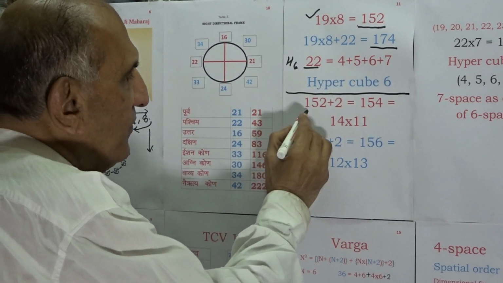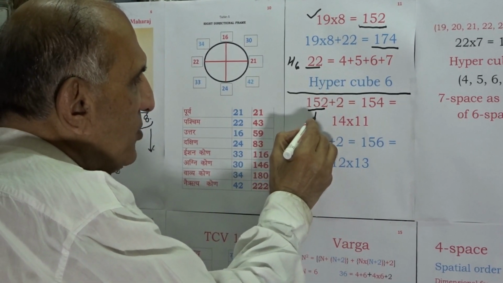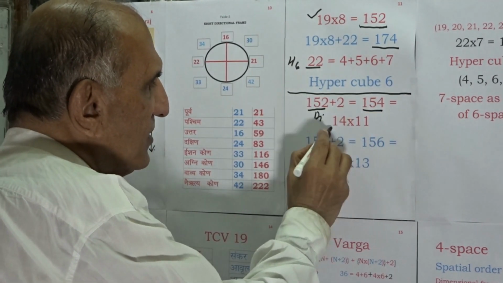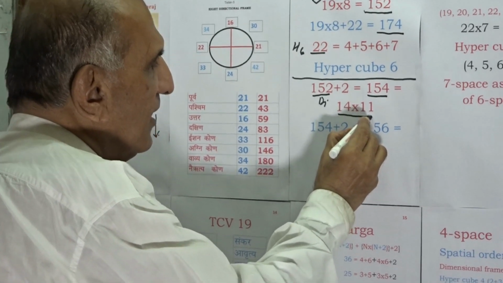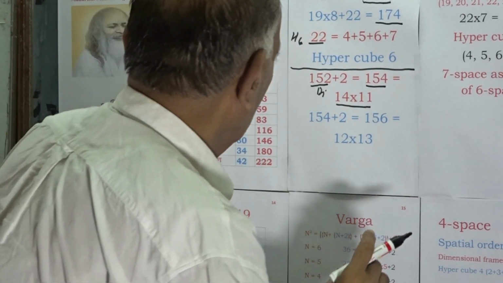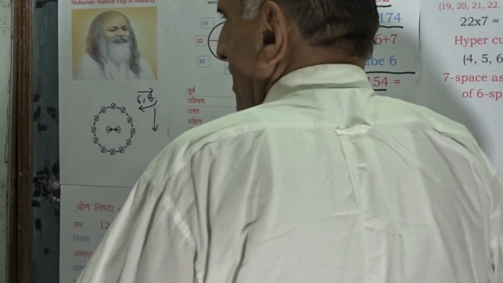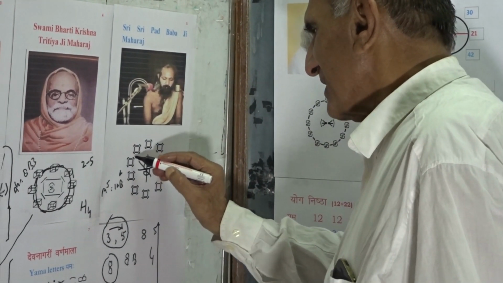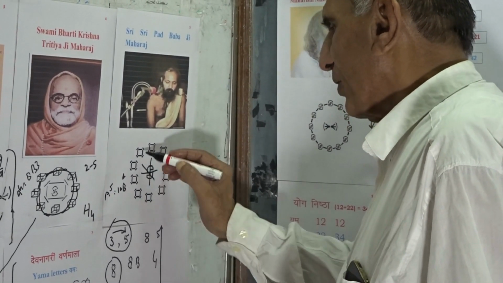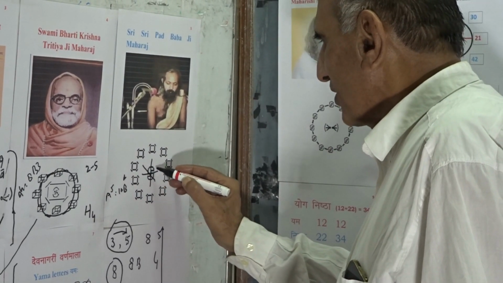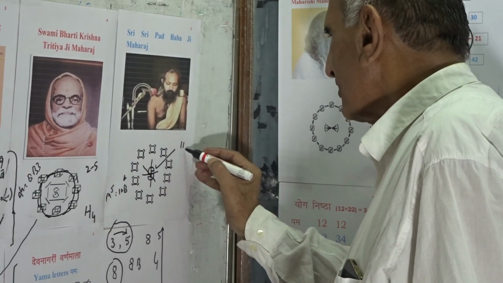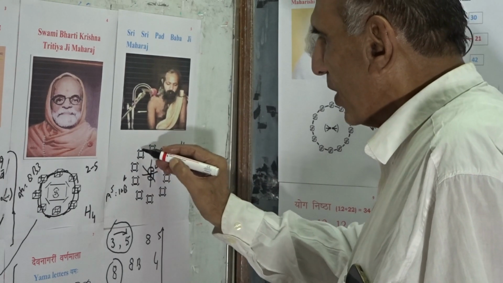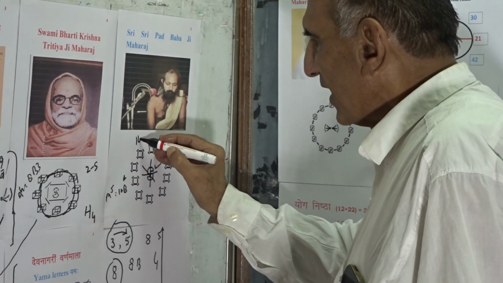This value 152 as dimension will take us to value 154 as domain, which is of organization 14 into 11. Now see, hypercube 5 is the formulation where there are as many as 10 components, and 5-space domain itself leads us to 11 geometries range of 5-space, and the 10 boundary components we know each is of value 14.